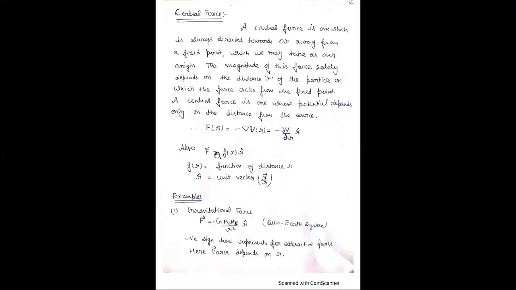Now, next is properties of central forces. First, in a central force, angular momentum L is conserved, constant with time. We know that torque tau is equal to r cross F. We replace F by F(r) times r cap, where the unit vector r cap is the vector r upon its magnitude.